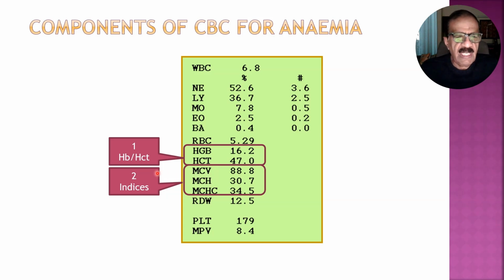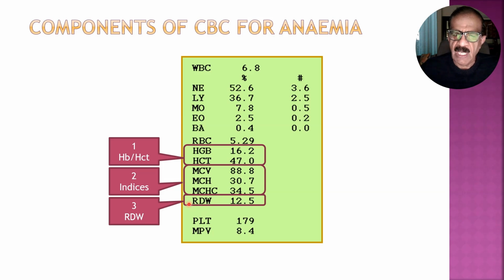As I said earlier, MCV and MCH are mostly in the same direction. Both are likely to be low in these cases, but if there is some disparity, anemia should be classified according to MCV. And then finally the RDW. So if you have a case of microcytic hypochromic anemia, then RDW will help you to further differentiate between two conditions, as will be outlined in one of the next slides.